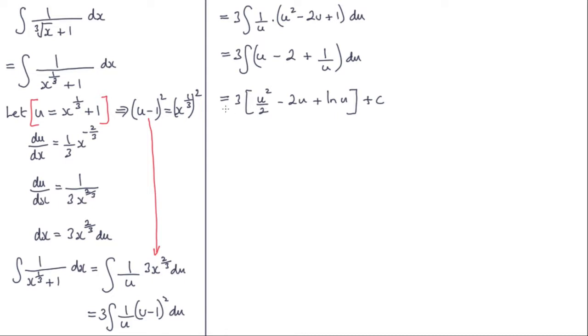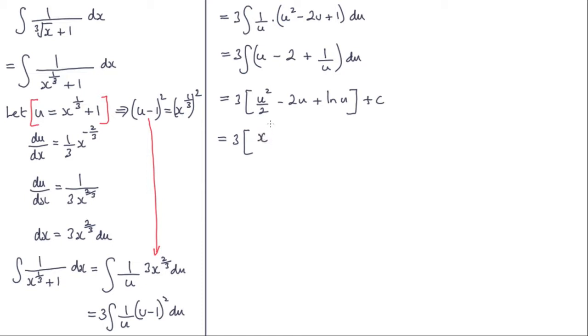Well, the next step, and hopefully you can see this is nearly finished, is we just need to substitute back in for this u term. So we've got 3, and u squared. Well, I know that u is x to the 1 over 3 plus 1.